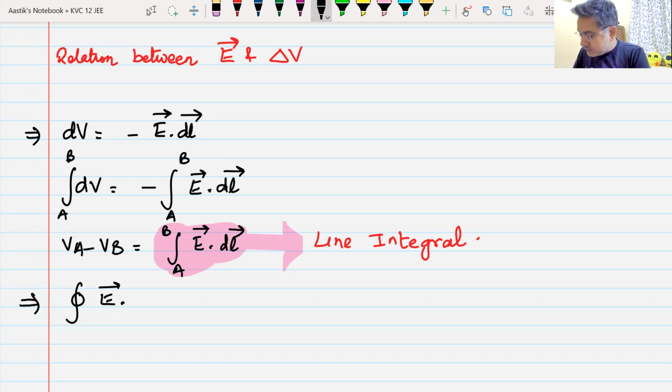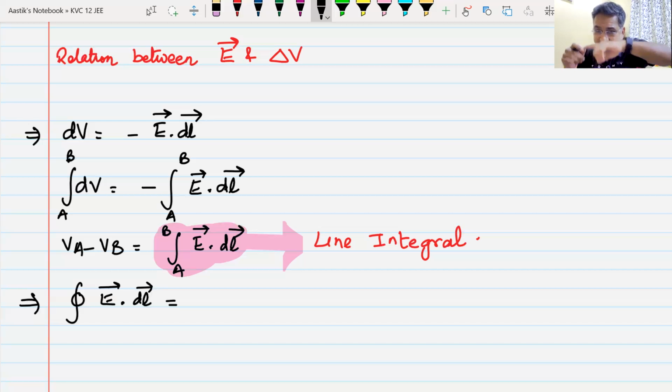and I write the line integral over this circle, what will be the answer for this line integral? This circle means I start from one point and I come back to the same point. We have been doing this, one point and the same point, in thermodynamics as well.